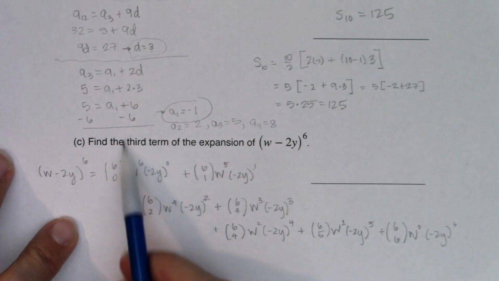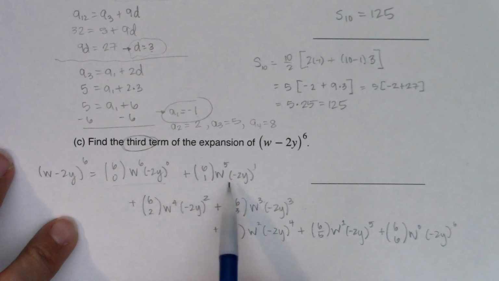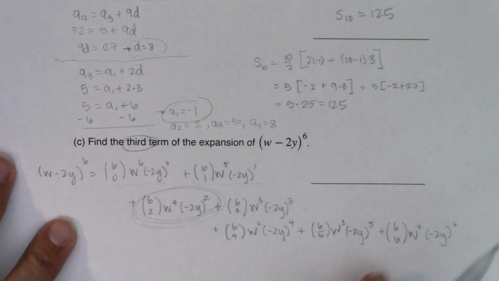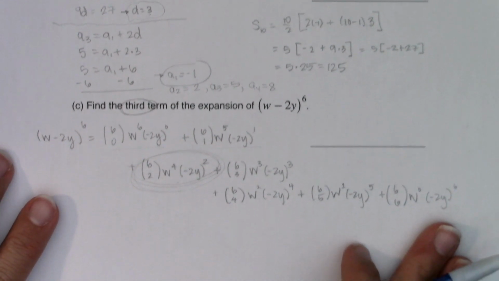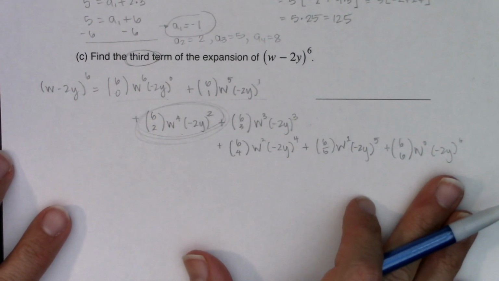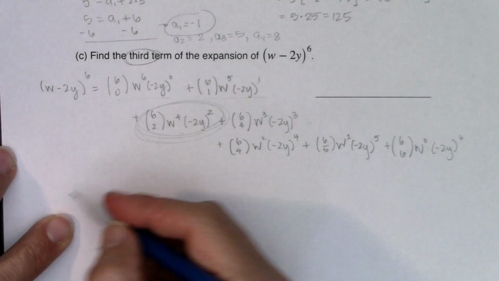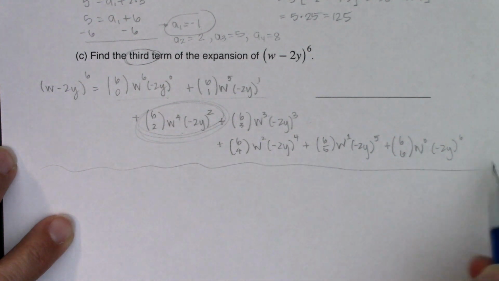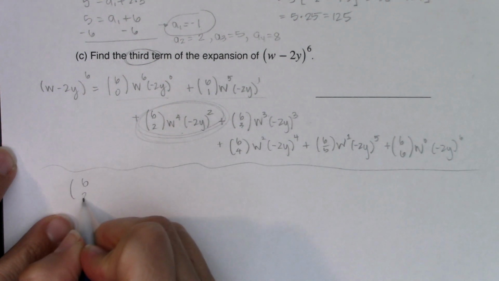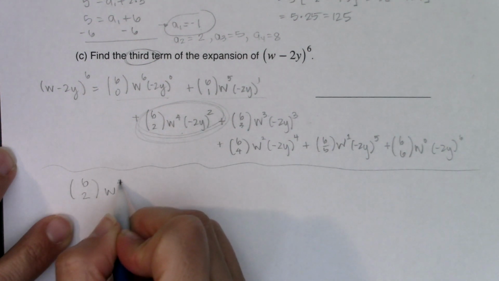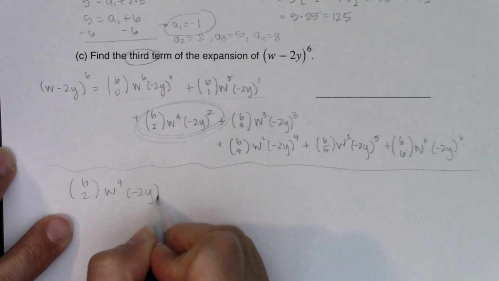But this is asking me for the third term, so let's go first, second, there's my third term, okay? So I'm going to scooch this up and really just focus on finding that third term, because that's all I really need for this. So let me put some separation. So we're looking at 6 choose 2, w to the 4th, negative 2y squared.